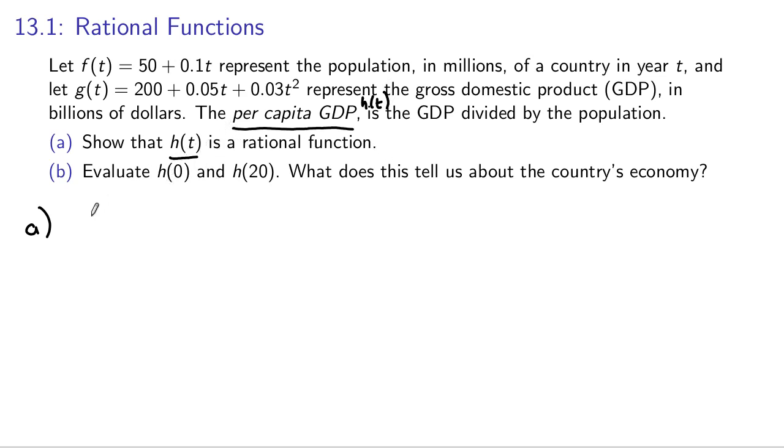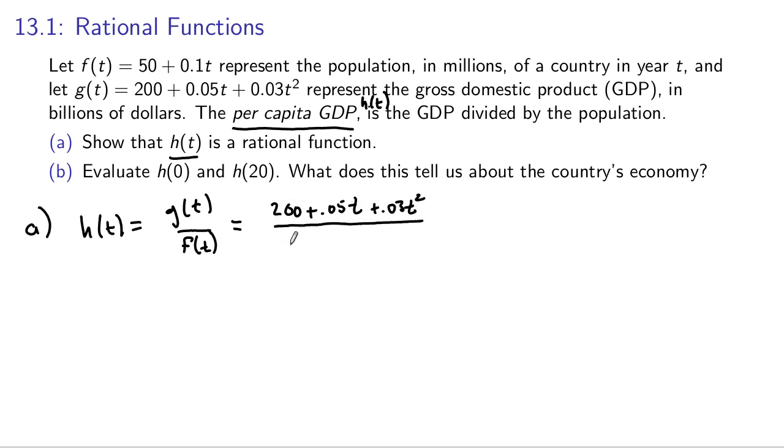So per capita is the GDP, which is g of t, divided by the number of people, which is f of t. And of course, then we can write the rules for each of these functions: 200 plus 0.05t plus 0.03t squared over 50 plus 0.1t.